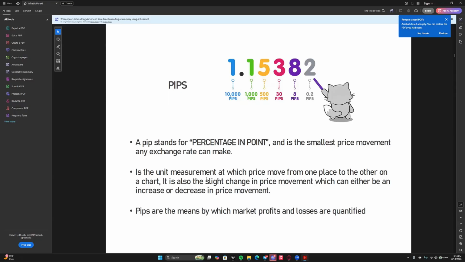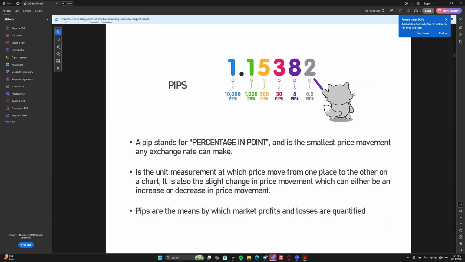So pip is the unit of measurement at which price moves from one place to the other. Basically, it is the unit you use to measure price movement from one place to another, just like how you measure distances. If you want to measure distance, you measure it in miles and kilometers, and if you want to measure height, you measure it in inches and feet.